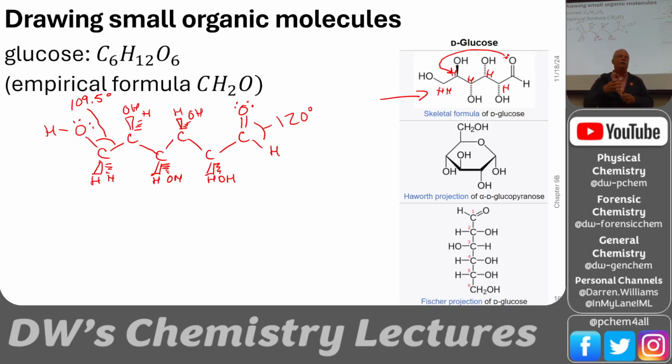A lot of the fiber that we eat is there to keep our guts clean. We don't digest it, and so it helps us keep our gut clean. But if you were to change some of those OHs and how they are a wedge or a dash, then it becomes a sugar, and the enzymes in our body can latch onto it and make energy.